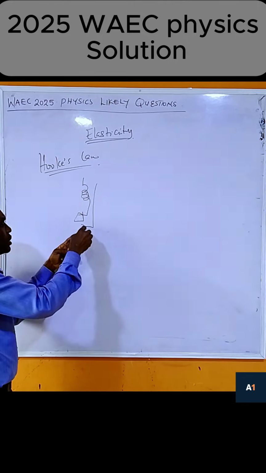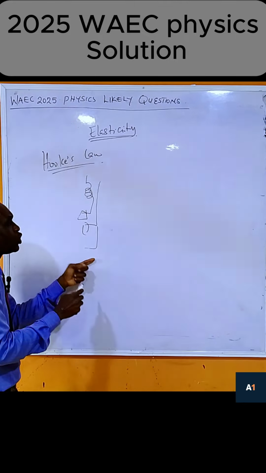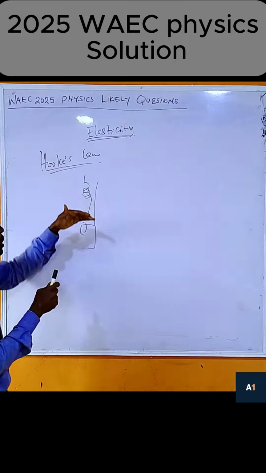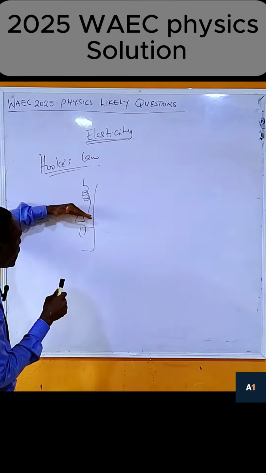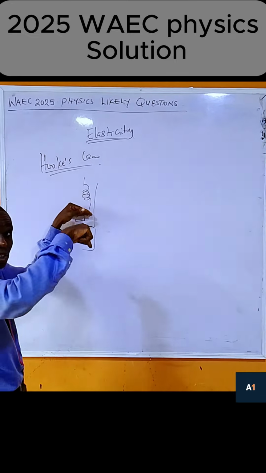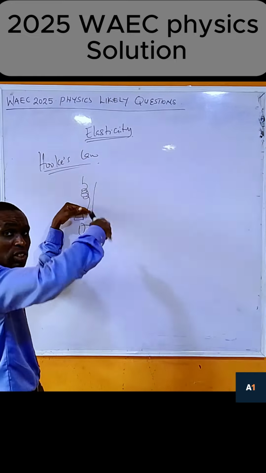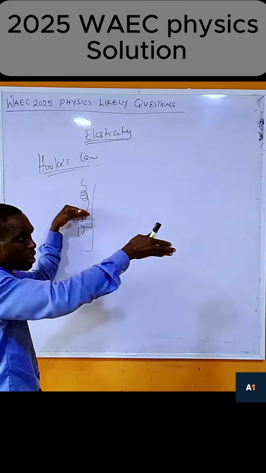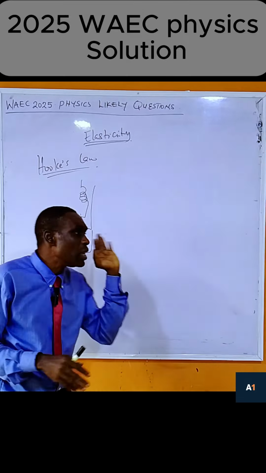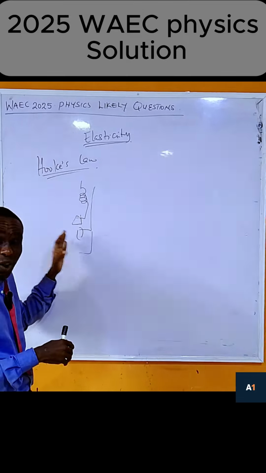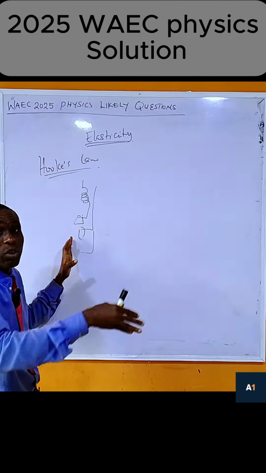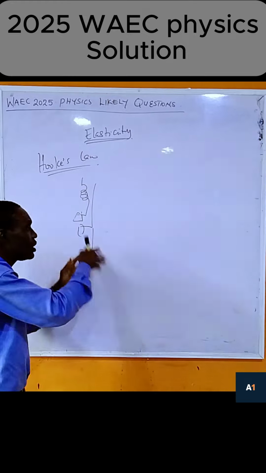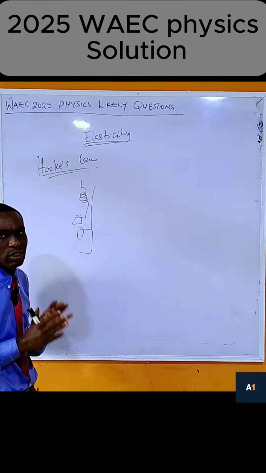When you place more mass, the spring will extend more. So the extension is proportional to the force applied to it, provided the force is not large enough to destroy this elastic material. That is what the law is talking about.